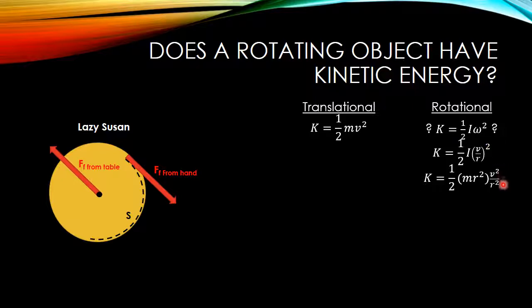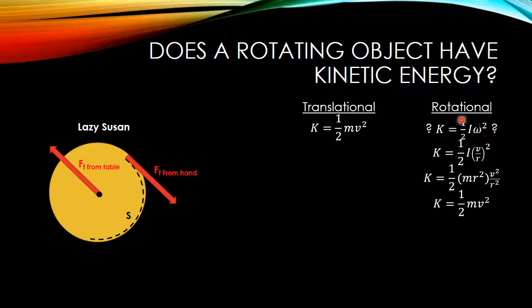Now you'll notice I factored the squared through to both the v and the r on the bottom, and when I do this, that leaves me with an r squared on top and an r squared on bottom, and I can cancel these two out, and I get kinetic energy is equal to 1/2 mv squared. Now you can see that this equation here is identical to this one, and so I can turn this equation into something true by following basic algebra principles.